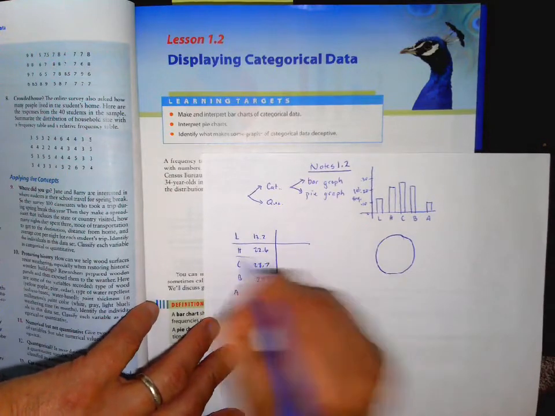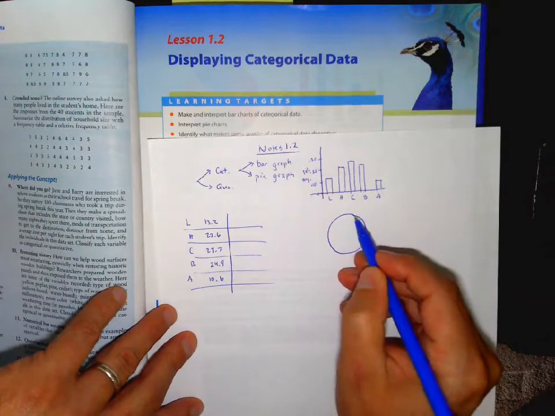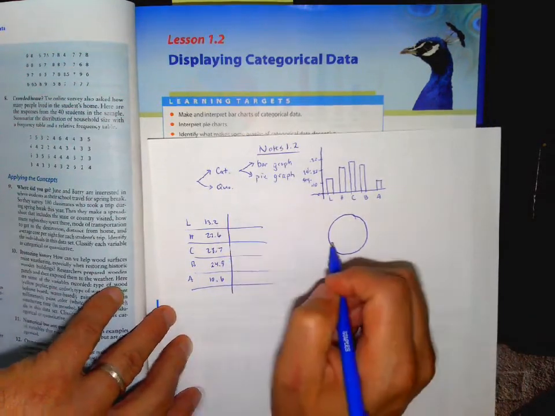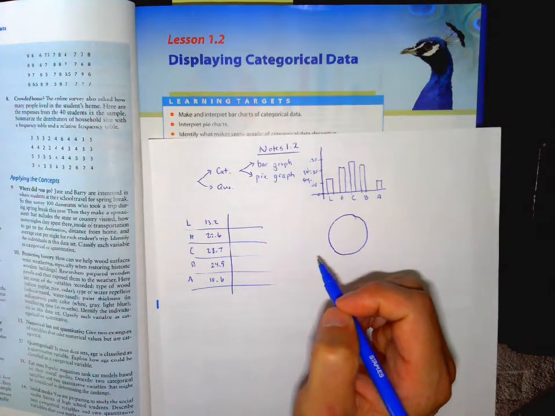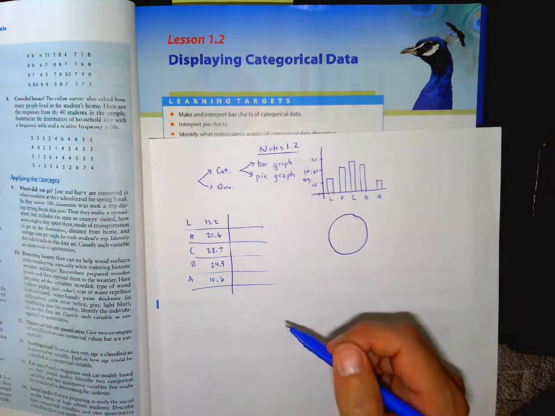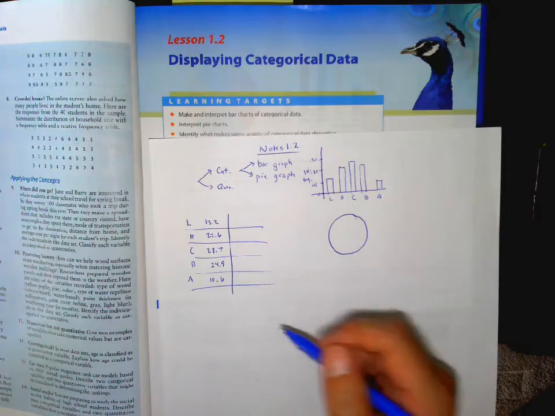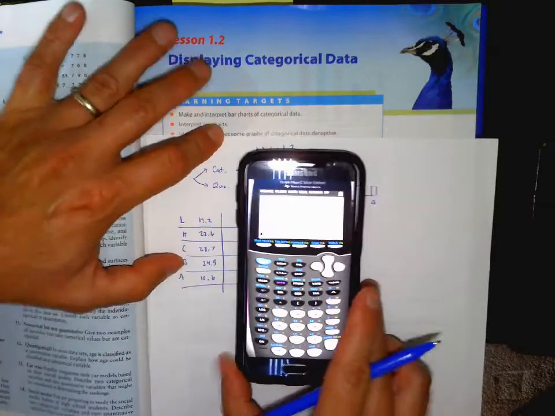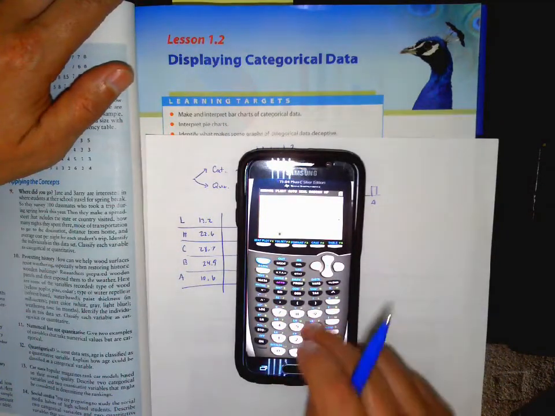Now, remember, a circle has how many degrees all the way around? 360. So if I want to know 13% of 360, this is one way you can work this out. If I go to my calculator here, 13.2%, so 0.132 times 360 degrees.